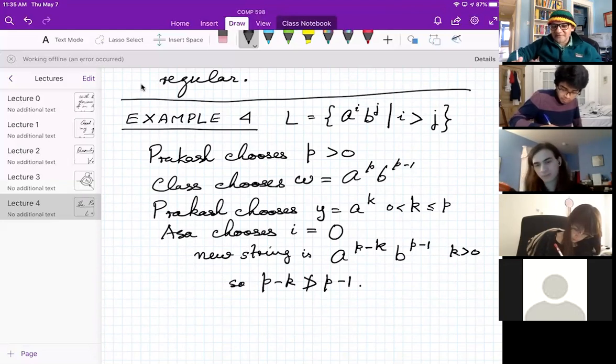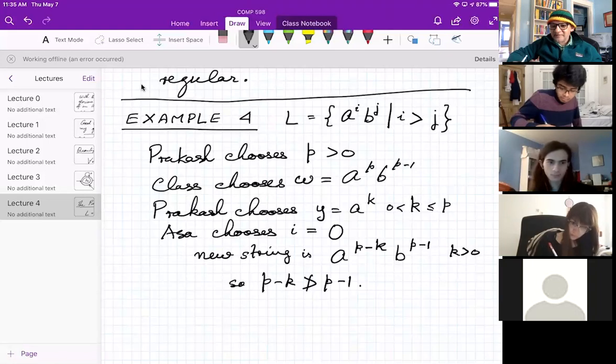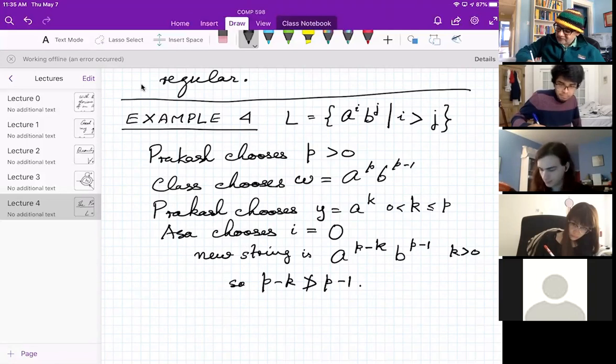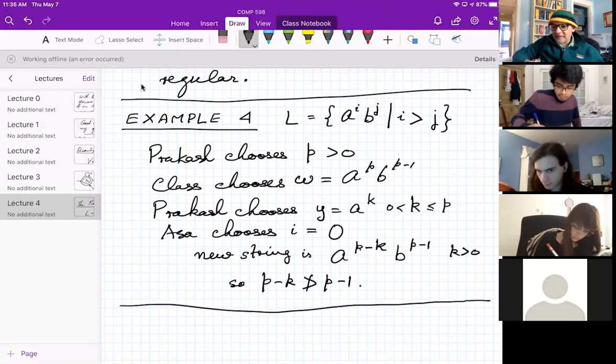You could have also chosen A to the 312p, B to the 312p minus 1. Okay, good. So this was an example showing that sometimes you got to pump down.